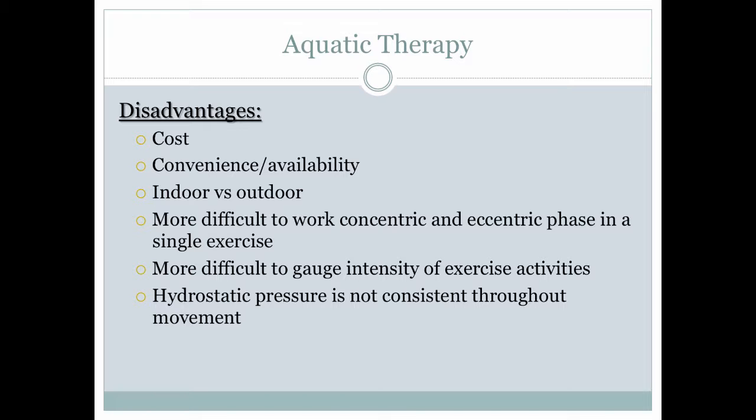You can't really work both concentric and eccentric phases in a single exercise. On land, if you're doing a biceps curl, you lower it down for the eccentric phase, you pull it up for the concentric phase. If you're in the pool, doing a biceps curl with a floating weight, that floating weight is pulling you up.